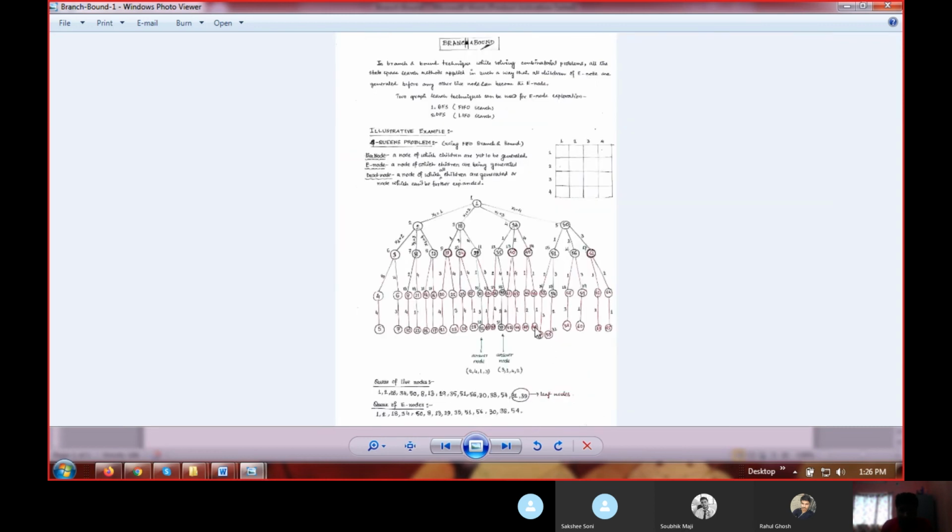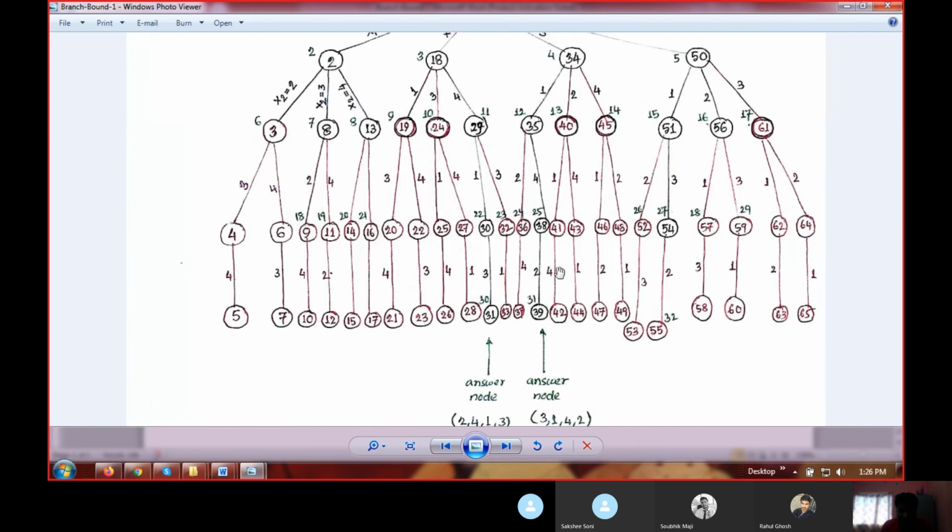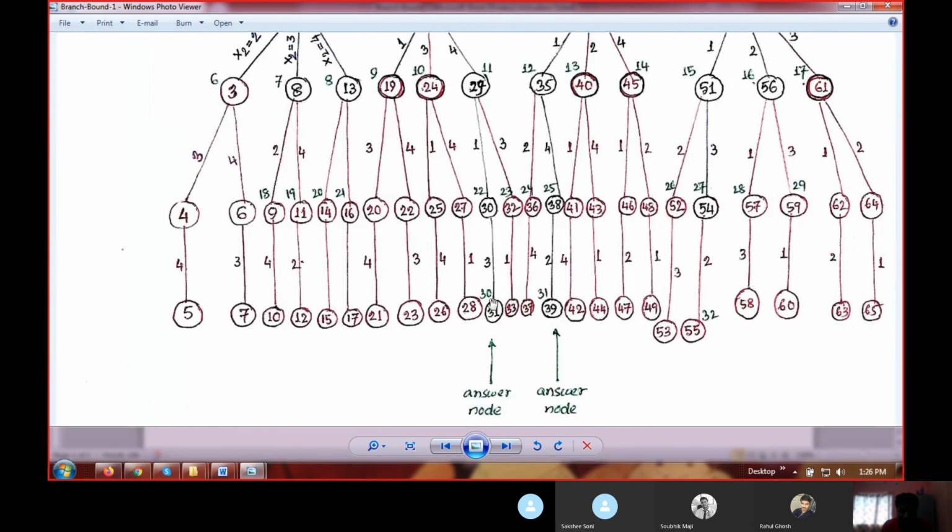And you see the last index while finding the first solution is 16. In case of branch and bound, this was the node where we have found the first solution, and the corresponding index is 30.